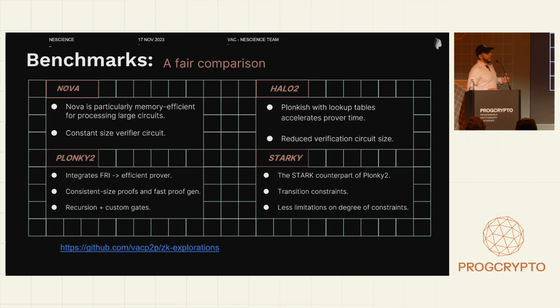So what we are trying to do now is implement Nova, Halo 2, Plonky, and Starky by modifying the code and by implementing Poseidon 2, in order to understand and justify to ourselves if Nova is efficient enough for our proof generation and verification. It's a work in progress.